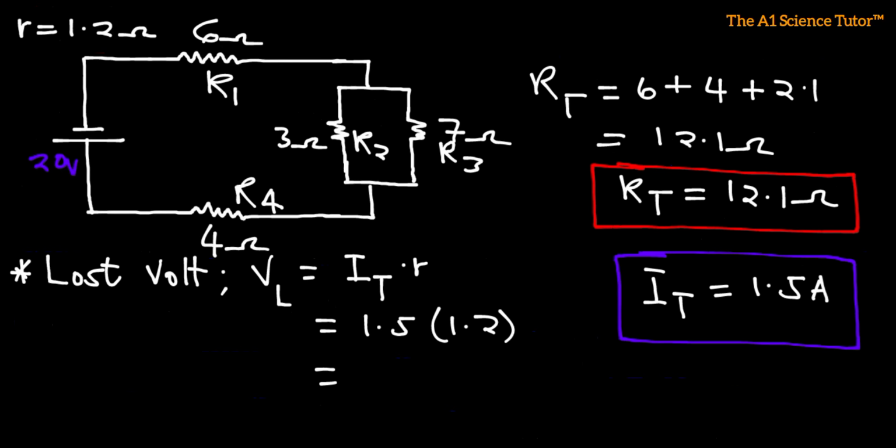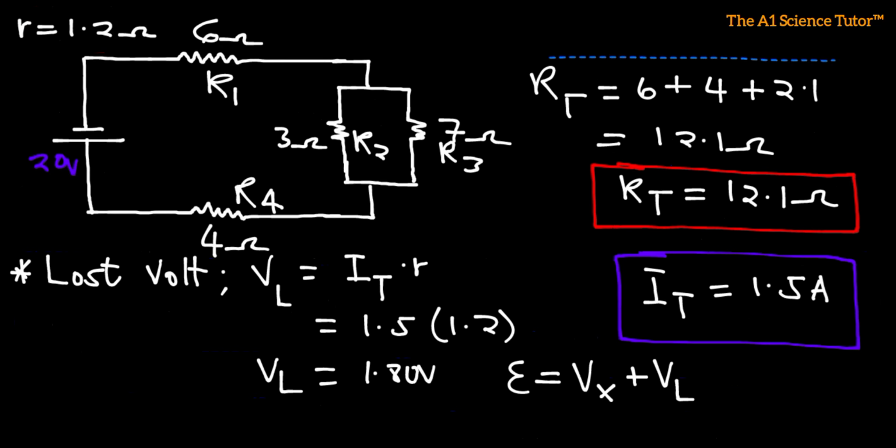So that gives us 1.8. So as it is, we have 1.80 volts. Now we know that the EMF of the DC source is 20 volts, and this is actually split into the external voltage, which is also called the terminal voltage, which I'm representing here as V sub X, and we have V sub L as the loss volts.